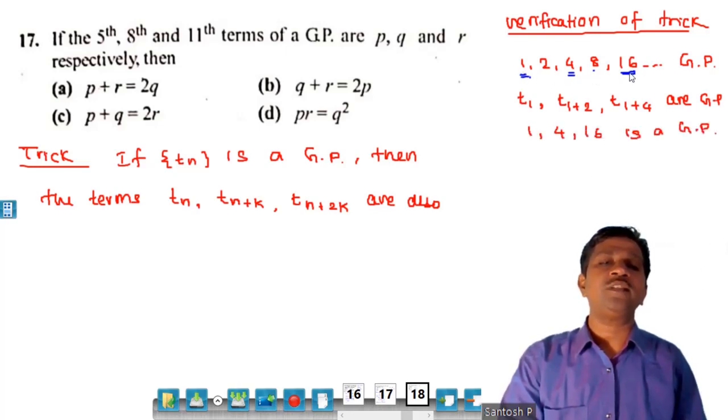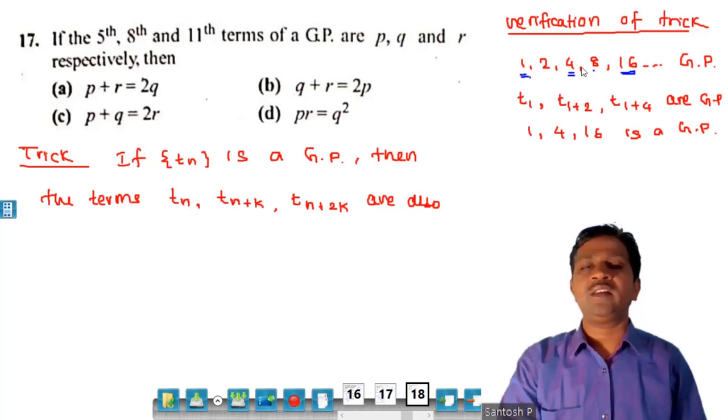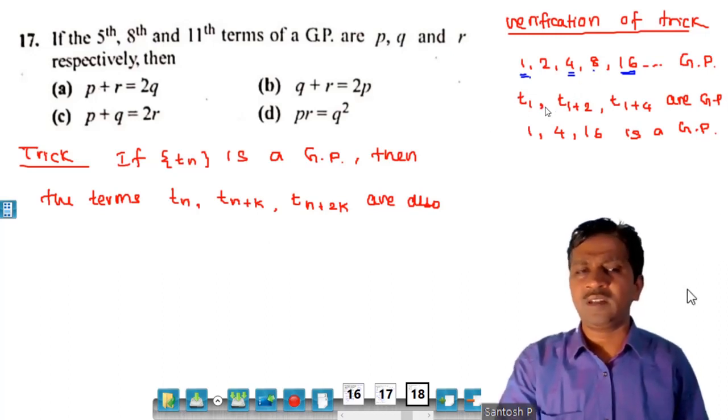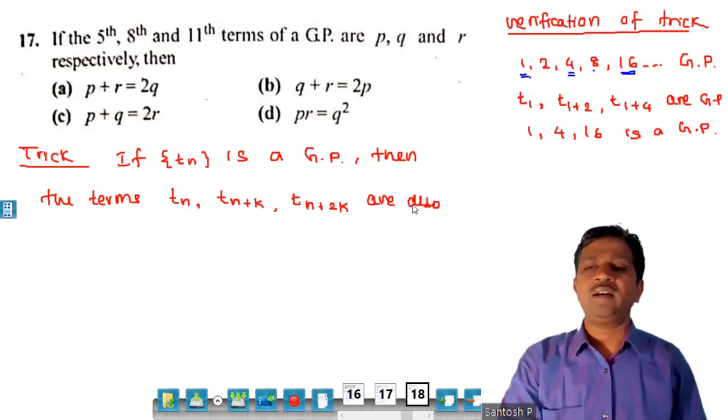This is a GP because 4 by 1 is 4 and 16 by 4 is also 4. So this trick is verified. You can verify more examples by taking any term, and then adding k and 2k to these terms, you will again get a GP. So let us observe in this case T5, T8 and T11.